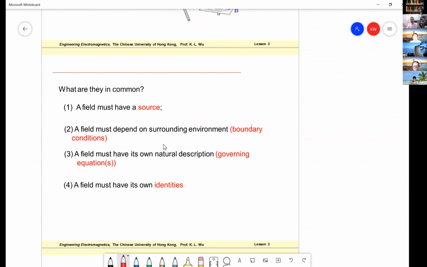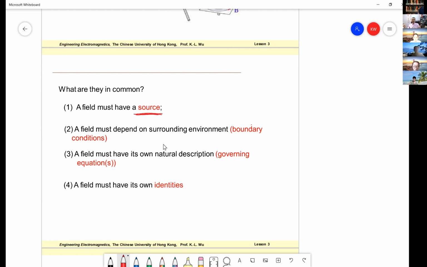I mentioned many different types of fields. What do they have in common? First, they must have a source. Say, if you have a charge, you have an electrical field. If you have a current flowing along a wire, we have a magnetic field. This is Ampere's law. So we must have a source. That's one thing. And also, what determines the distribution?